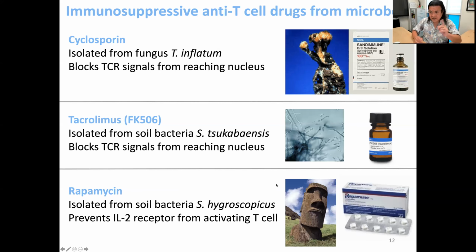All right, here's a question for you. Why would these microbes like fungus and soil bacteria, what business do they have making certain compounds that can interfere with T cells, right? I mean, after all, bacteria, fungus, they don't have T cells, right? So what's up with that? But consider this.